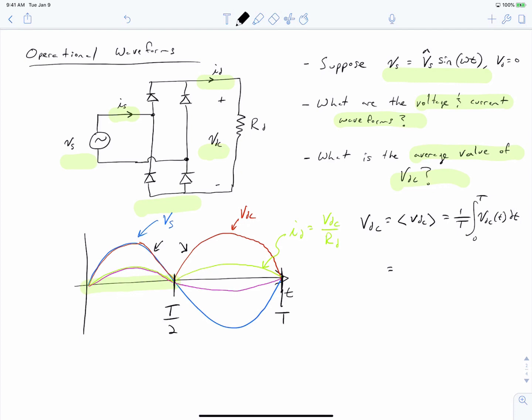So we can evaluate this integral as being 2 over T integrated from 0 to T by 2 with respect to time.